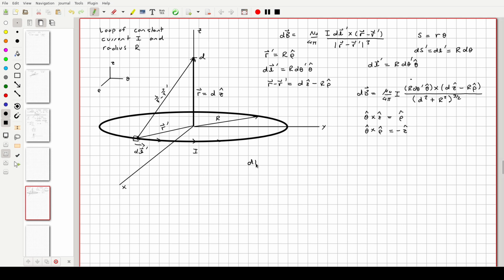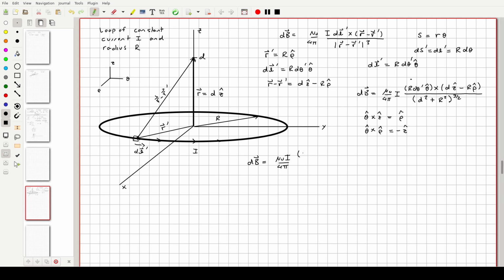So my Biot-Savart law looks like this. There's the initially constant stuff that sits out in front. I'm going to do these cross products and plug this stuff in. When I do, I get the following.